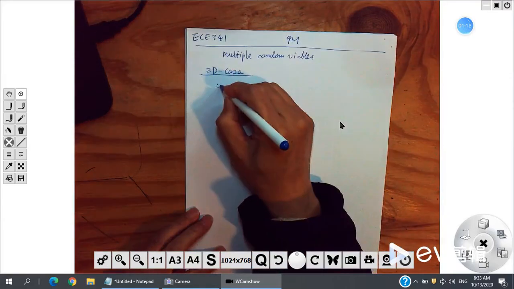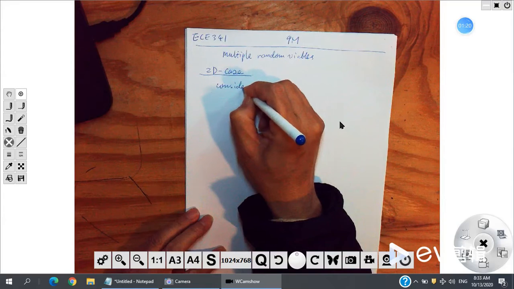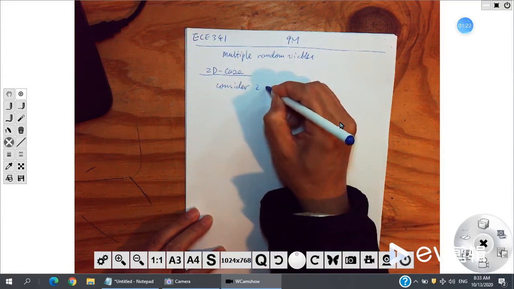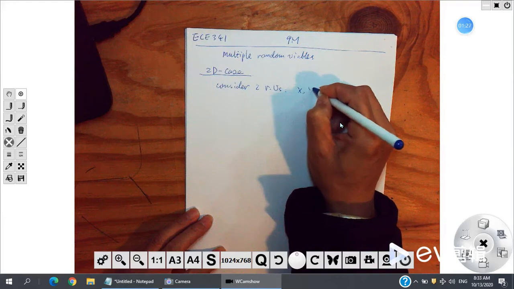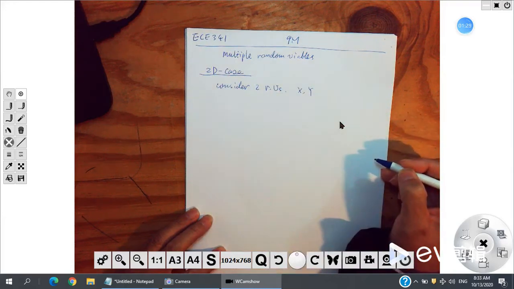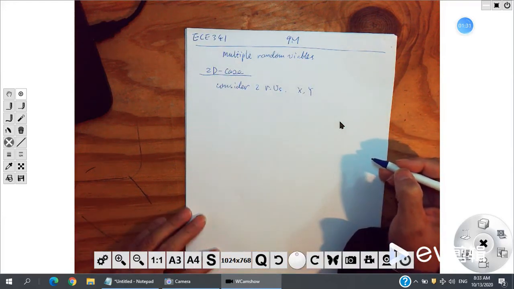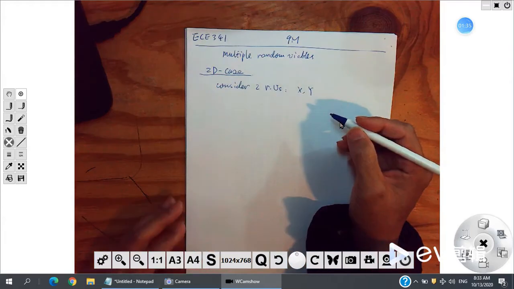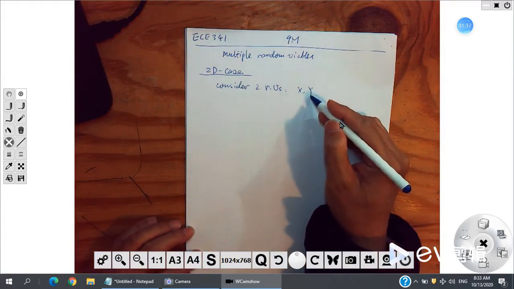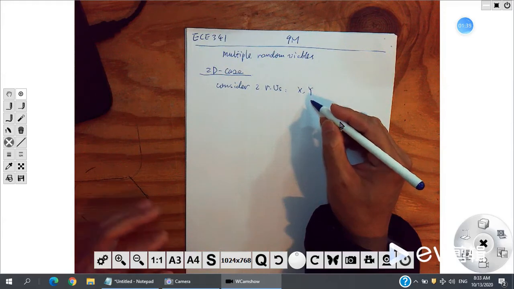Consider two random variables, X and Y. Now we have two random variables and we consider them together. Of course, the things related with X and Y we already studied before, right?